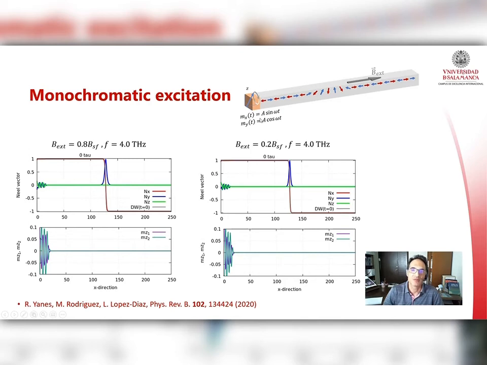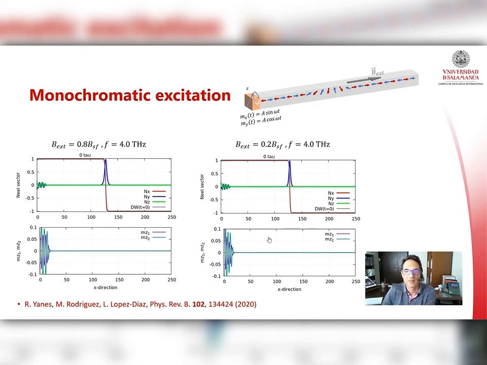So the spin waves are excited by imposing a pure sinusoidal oscillation on the left part of the sample. We are going to see here how the domain wall interacts with these spin waves, these magnons traveling from left to right.